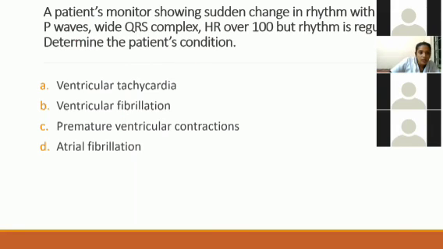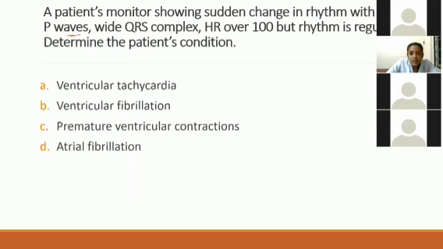But you have to see there are no P waves, so you have to read the whole question. In PVC, a wide QRS complex is there, but P waves will be present.